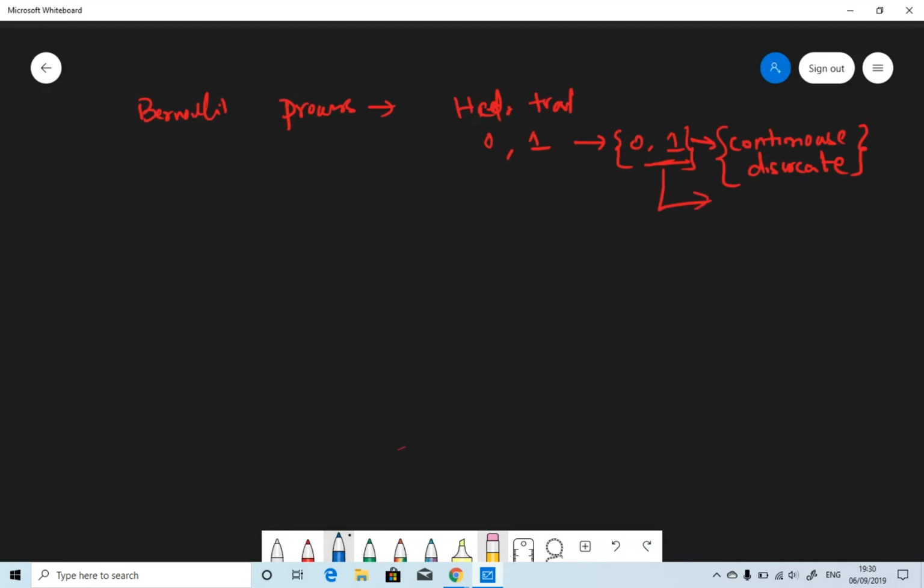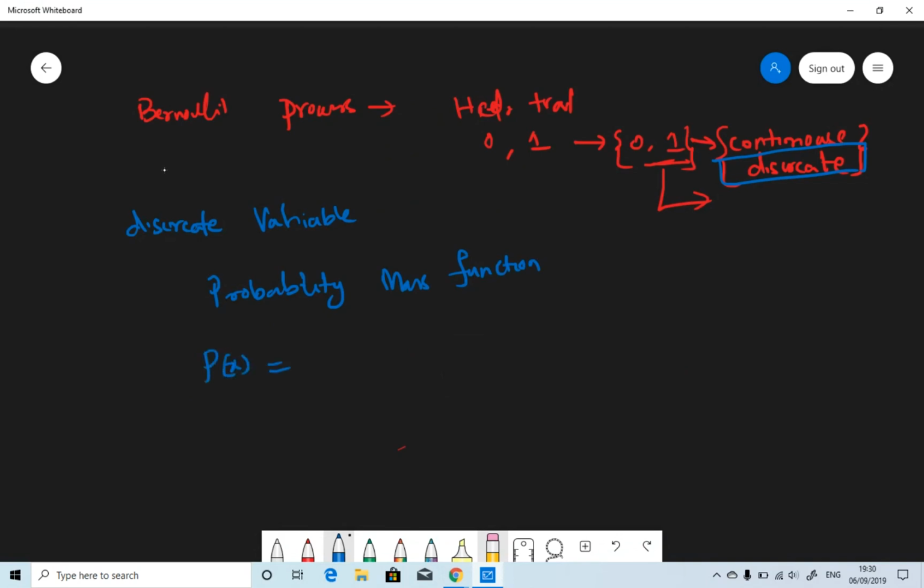We call these discrete variables. For discrete variables, we use something called the probability mass function.